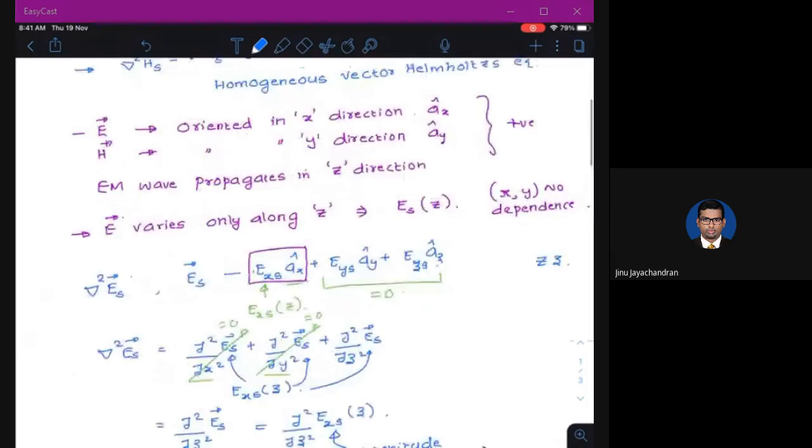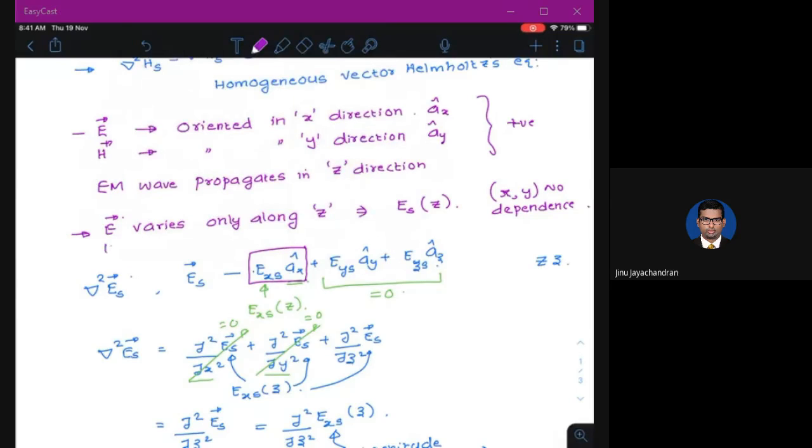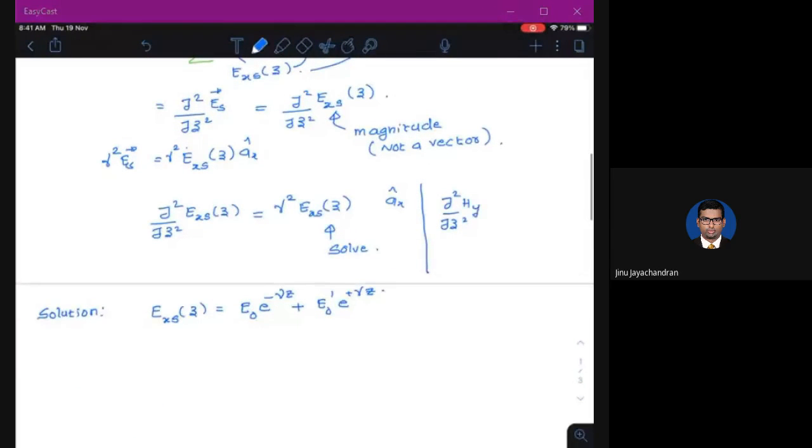Now we say that H is oriented in Y direction and has a component AY cap, and H also varies only along Z. Okay, let me write that also. So H and E vary only along Z. So I can write this as d²Hys(Z)/dZ² = gamma squared Hys(Z).